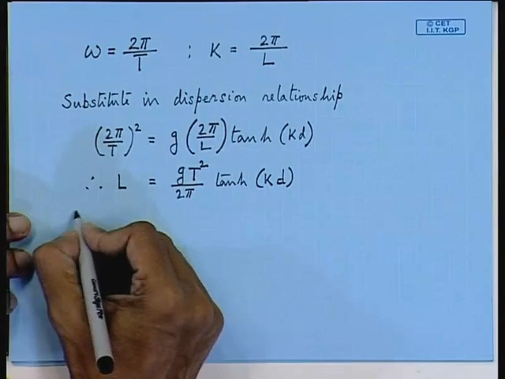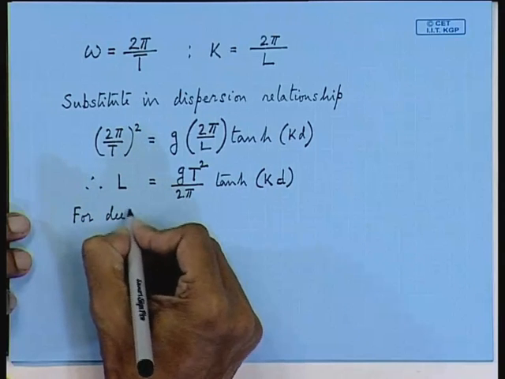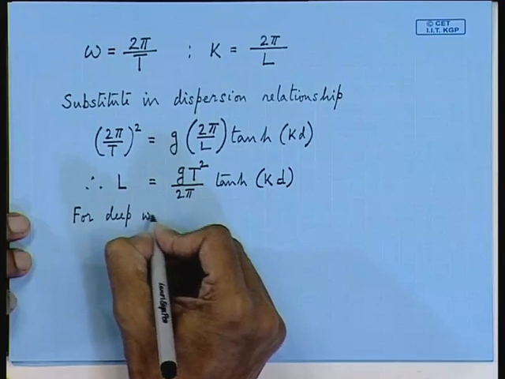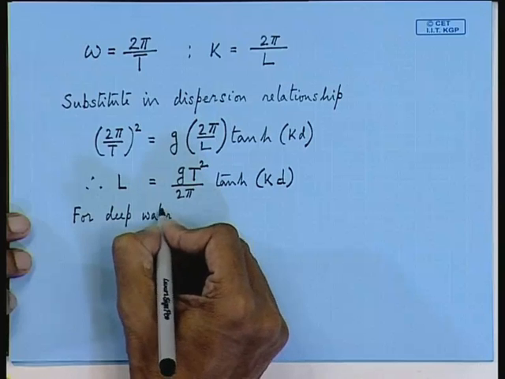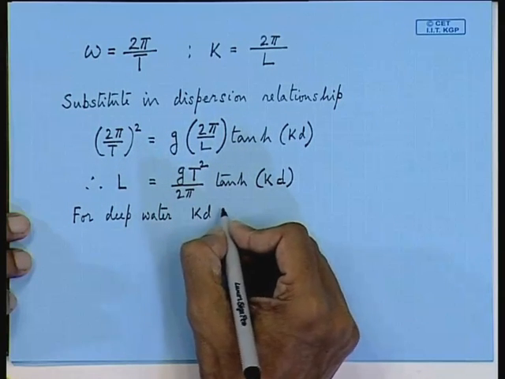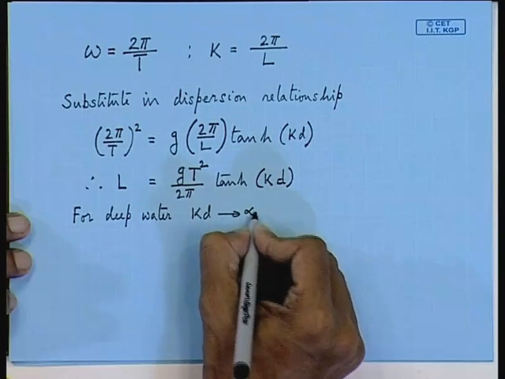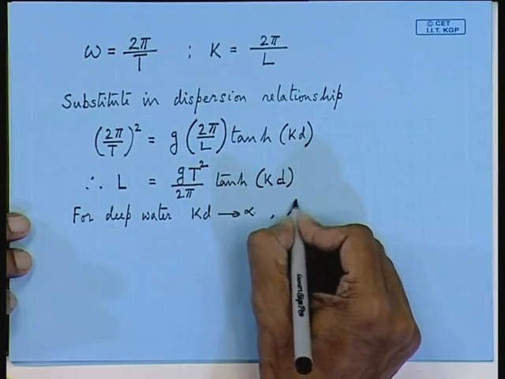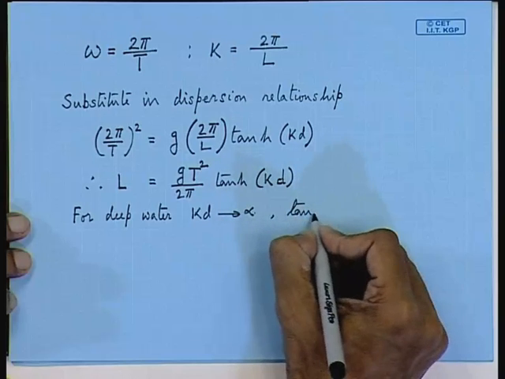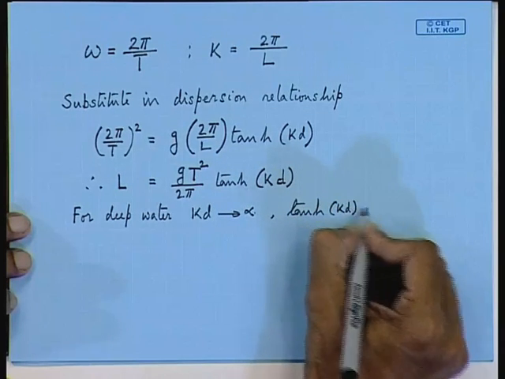Now in waves, you should remember there are two important parameters given by the wavelength and the time period. So this is your expression. Now for deep water, what is the value of kd? Kd will tend to infinity, and your tan hyperbolic term will be equal to 1.